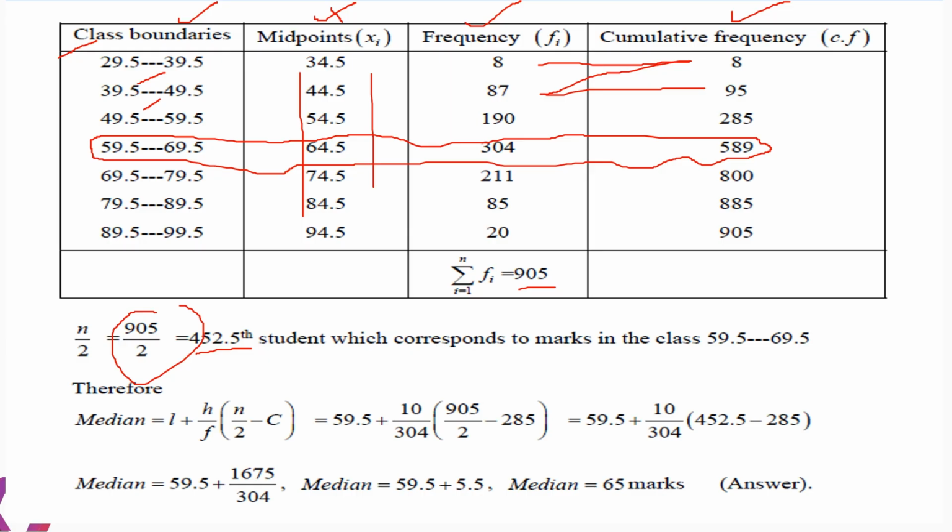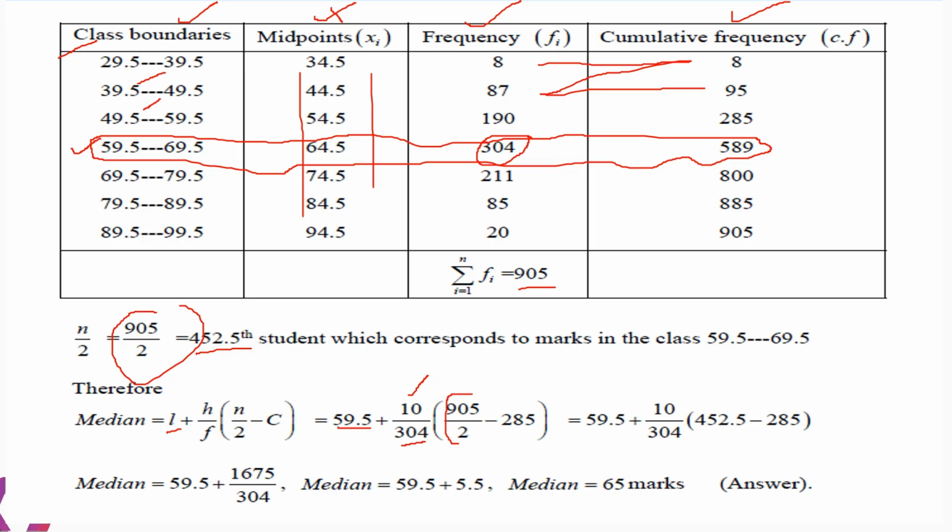So here this is called L, the lower limit. So L is 59.5. H, the difference, is 10. F is the frequency of the selected class. This is 304. N by 2 is already calculated.